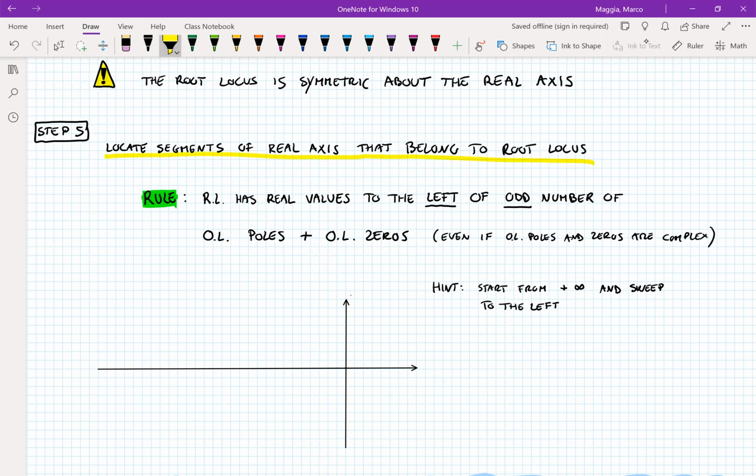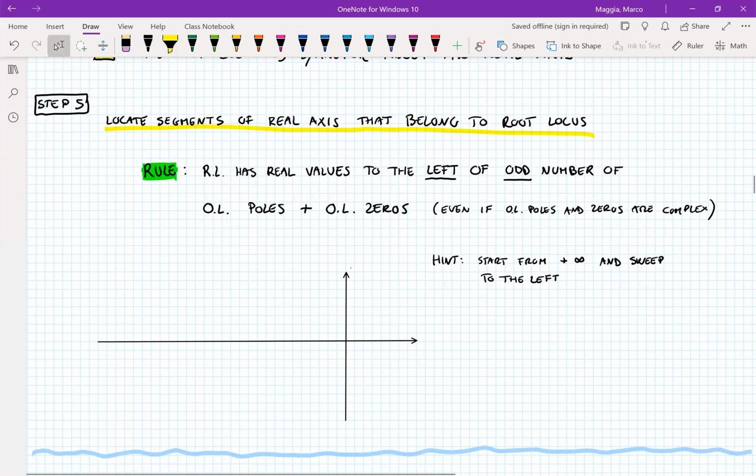In other words, since we are drawing everything in the S-plane, we can take care of the real axis first. So we can color or highlight all the parts of the real axis that belong to the root locus.